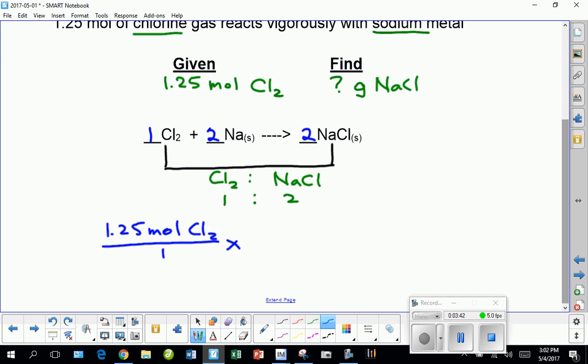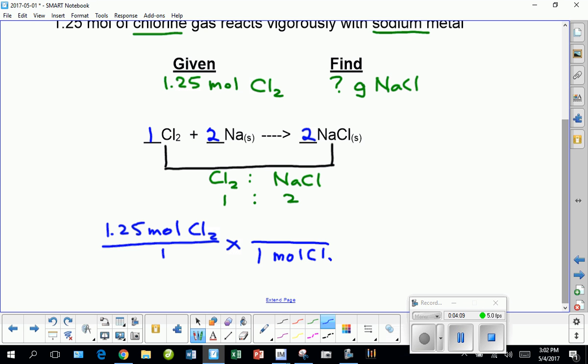And then next, we're going to have moles of Cl2 on top, so what has to be on the bottom of our mole-mole ratio? What has to be on the bottom? Judith, what do you say? Yes, 1 mole Cl2, because that's the mole ratio.